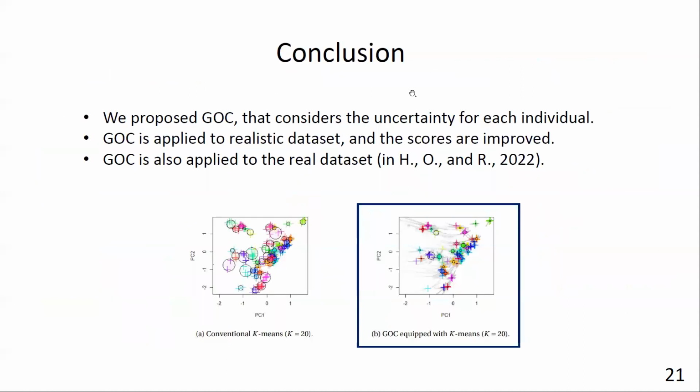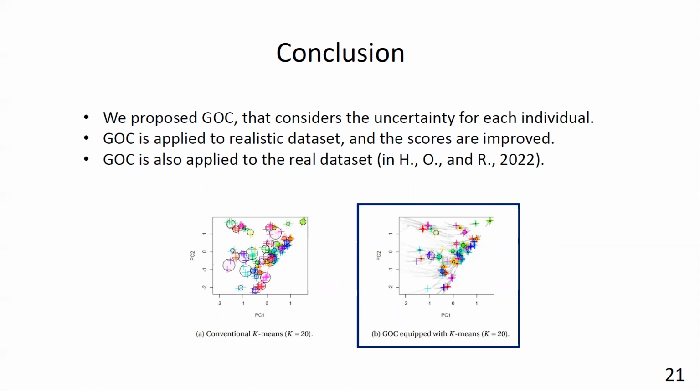Okay. So this is our conclusion. In this talk, we proposed a GOC algorithm that considers uncertainties for each individual. The proposed GOC is applied to a synthetic realistic dataset, and we evaluated the GOC algorithm using this dataset, and the clustering scores are also improved.